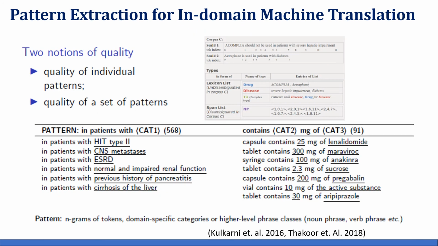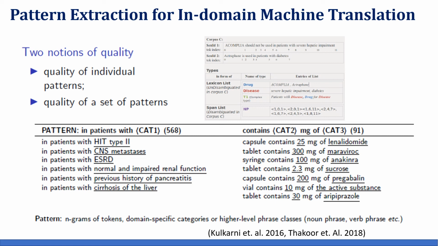Subset selection has also been applied for other tasks such as pattern extraction, let's say in domain machine translation. Now these patterns also form a directed acyclic graph where you could have abstractions in the form of category 1 and category 2 and category 3. Now what is the right level of abstraction of phrases?